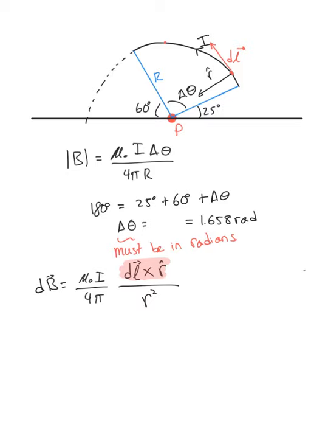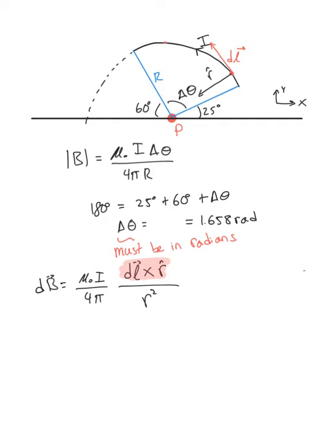Our other fingers point in the direction of r hat, which means that our magnetic field at the center must point out of the page, because when we arrange our hand this way, our thumb points up out of the page. So the magnetic field at point P points out of the page, which is our k hat direction, assuming that we have a positive x, positive y coordinate system here.